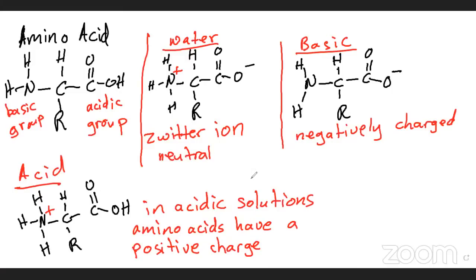So in basic, negatively charged. In acidic solution, positively charged. So they can ask you to draw how the amino acid will look in a basic solution. This is how you should draw it in a basic solution. This is how you draw it in acidic solution. This is how you draw it in water. If they ask you to draw a Zwitter ion, that is how you draw it. All right, and that is where we end for tonight.